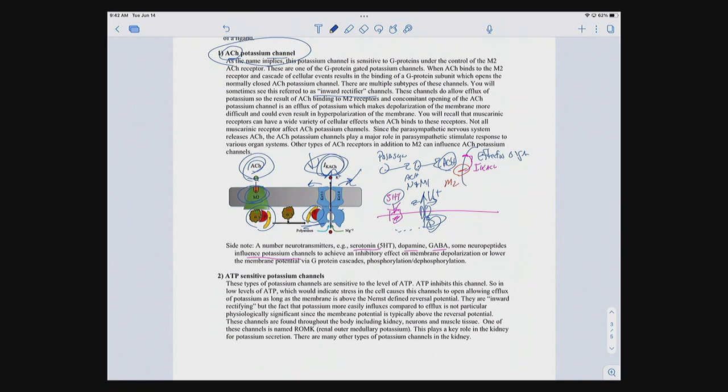But my major point, the theme I'm trying to hit here, is that you have a class of potassium channels that are sensitive to acetylcholine, through the interaction of the acetylcholine neurotransmitter binding to a muscarinic receptor, and then through cellular processes leading to the opening of that potassium channel, thereby influencing the cell membrane's behavior. Okay, so we'll pick up on some of these other channels in the next block.